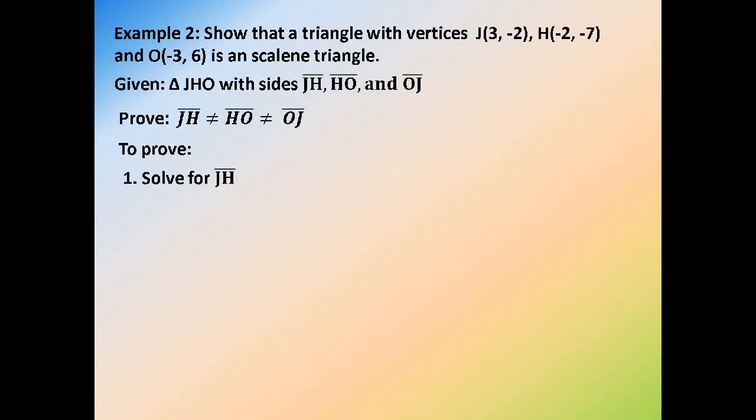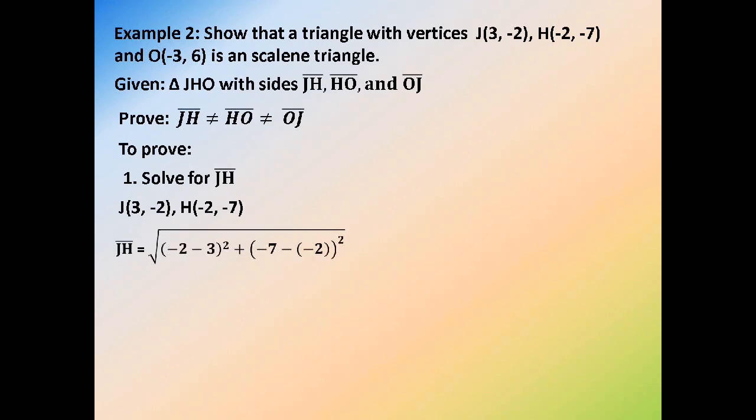So of course, we need to solve for segment JH by using the coordinates of J and H. So we have the square root of negative 2 minus 3 squared plus the square of the difference of negative 7 minus negative 2. So we have the square root of negative 5 squared plus negative 5 squared.